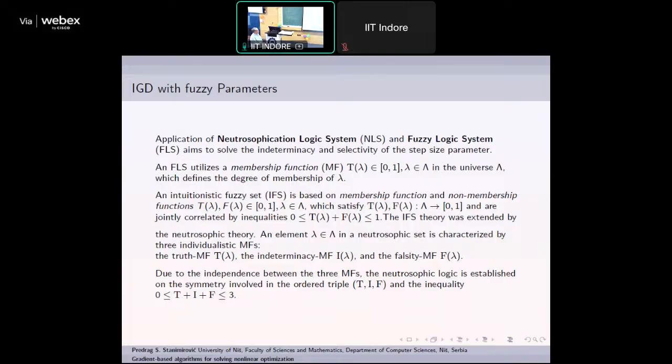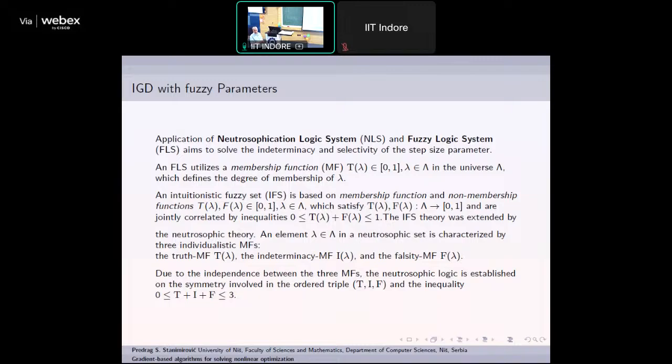Another possibility for research in this direction was to use fuzzy logic systems and neutrosophic logic systems. A fuzzy logic system is defined on one membership function. In a neutrosophic logic system, we have 3 membership functions: truth, falsity, and independency.